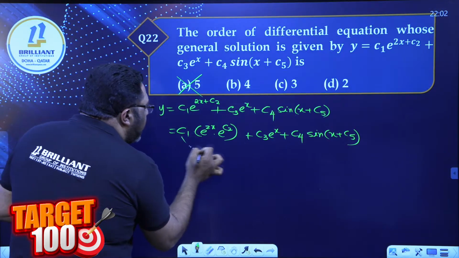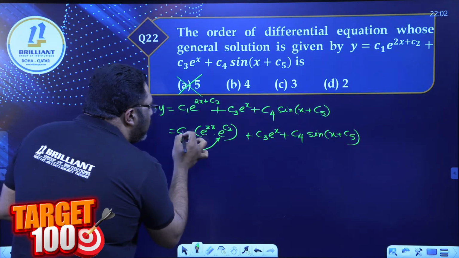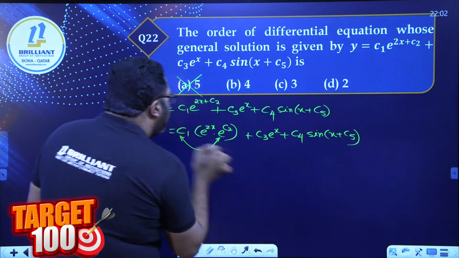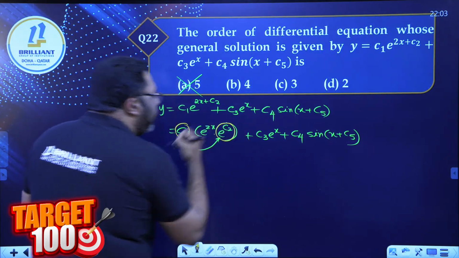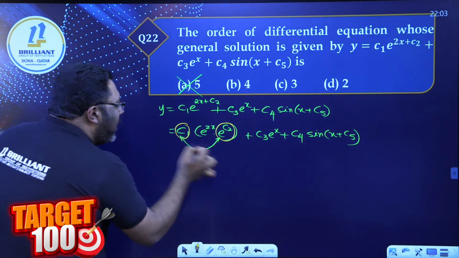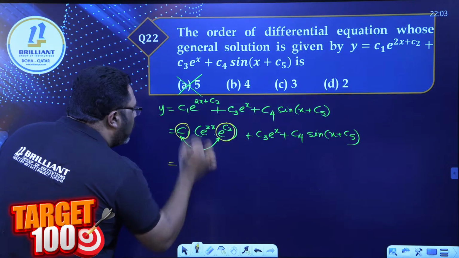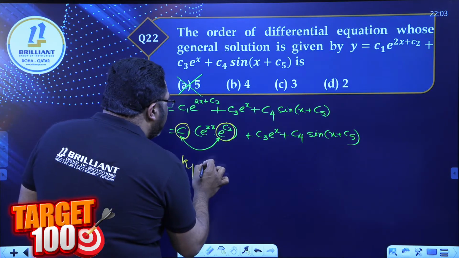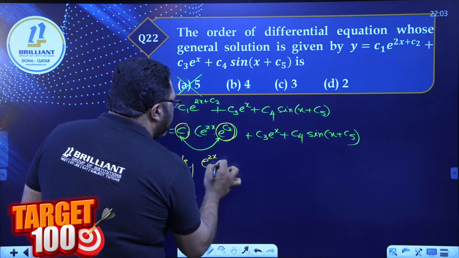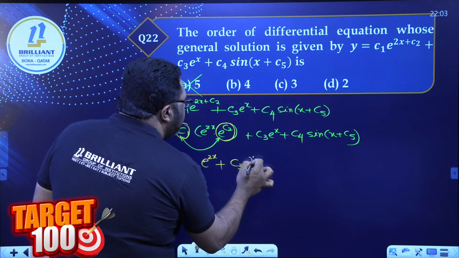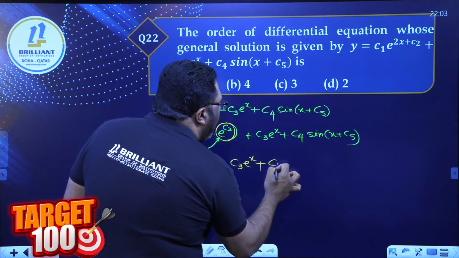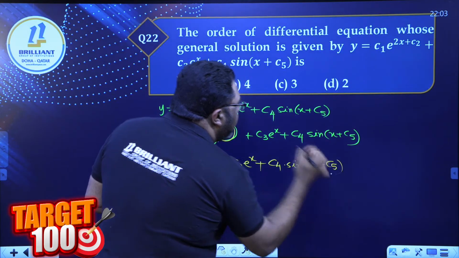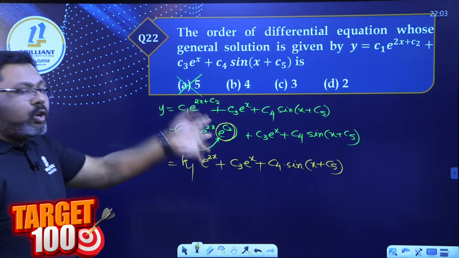Can you see that these two arbitrary constants are being multiplied here? So when they multiply, they will become a new arbitrary constant called k1, and that will stay with e raised to 2x. And C3 doesn't go with anyone, C4 doesn't combine with anyone, and C5 is inside the trigonometric form sine. It doesn't go with anyone.